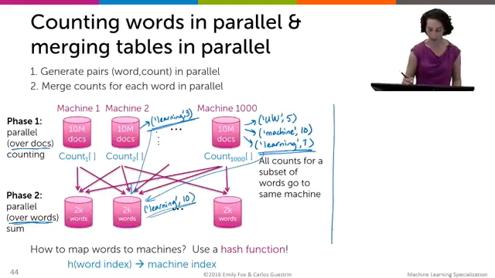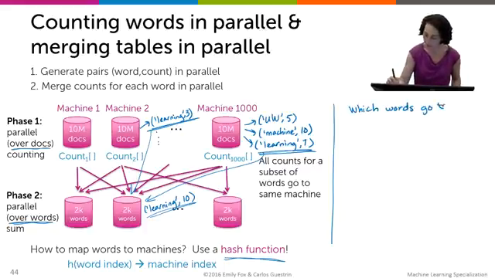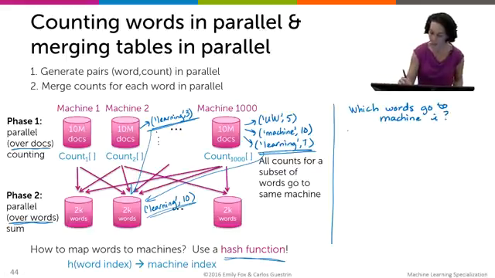And how are we going to do this? Well, what we're going to use is something that's called a hash function. And let's describe this in a little bit more detail. So which words go to machine i? Well, our hash function h is going to be something that's defined over our entire vocabulary.